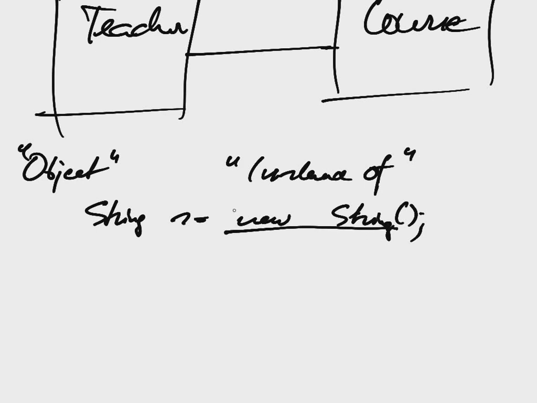And this means creation of an object using the definition of this class as a template for it. And in jargon, I can say that this variable s is an object, but it is just jargon.